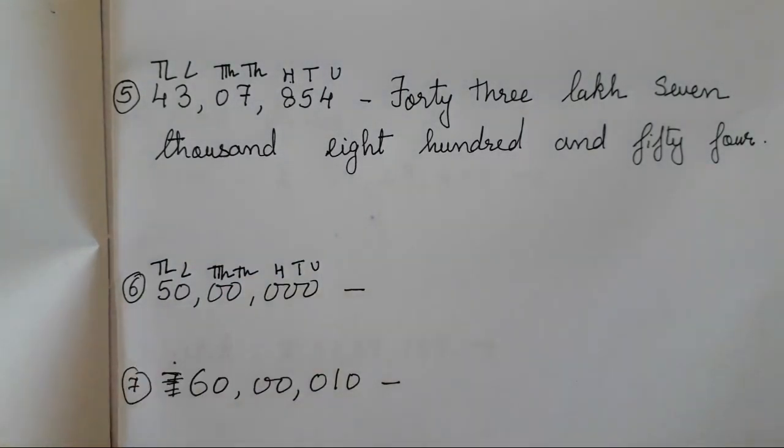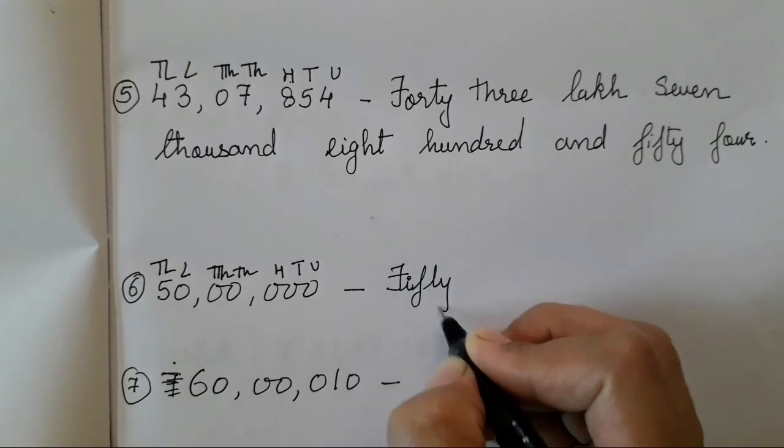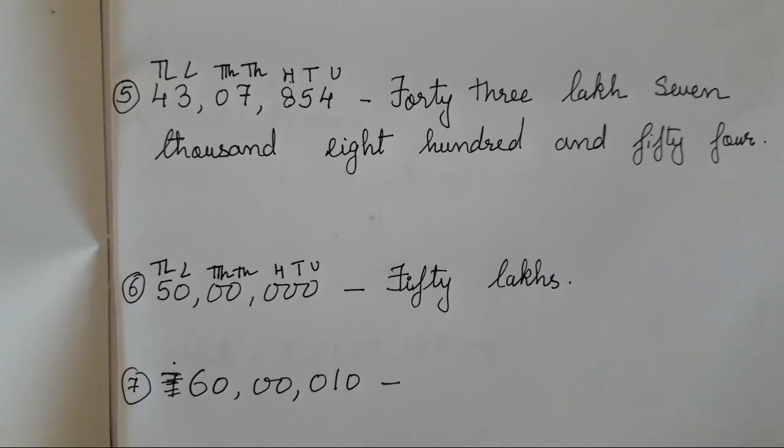Okay, so now we are doing 7-digit numbers. That is why you all know it is in lakhs. But in case you forget it, how are you going to do it? Write the units very easily. You will come to know that this is 50 lakh. So only 50 lakhs. Alright.